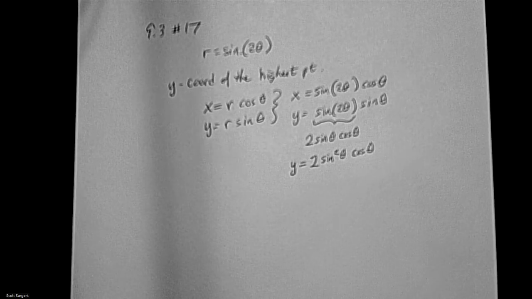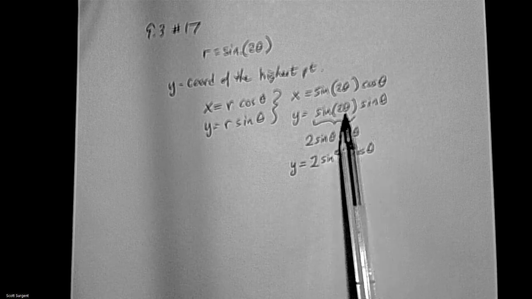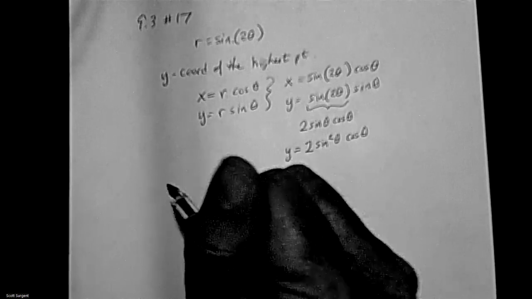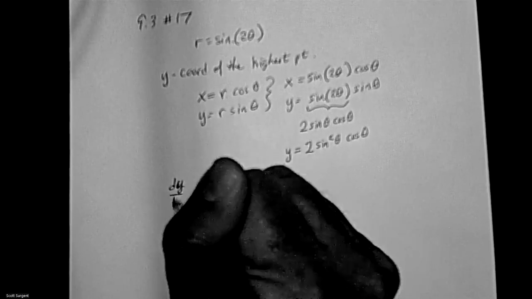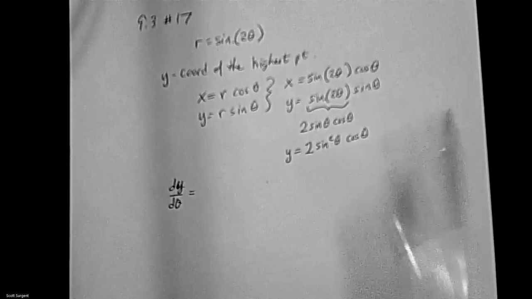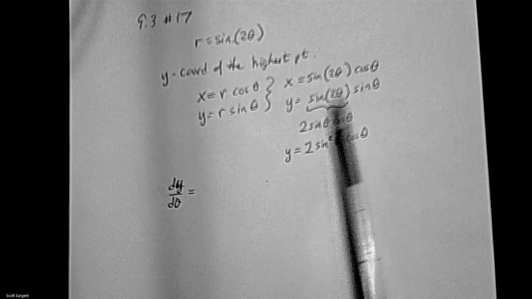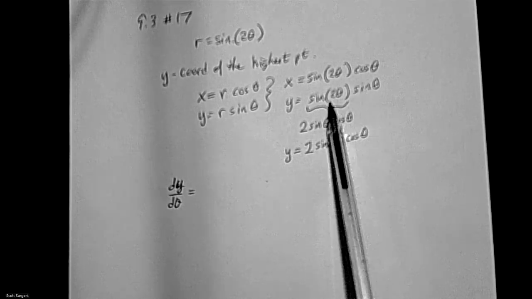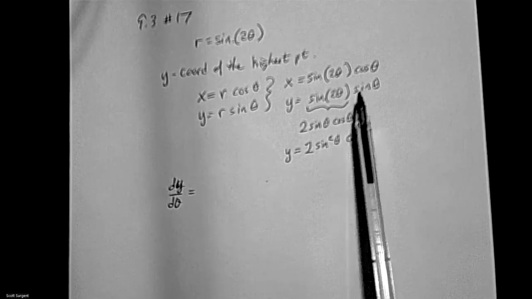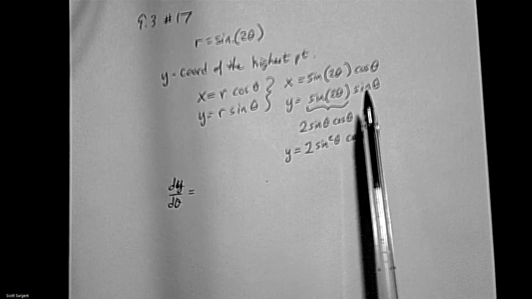I think your idea was sound. I think if you just jumped right into it, so if you did dy over d theta, yeah, because we don't need to worry about dx d theta, right? Because we're just looking for the highest point. Yeah, we're looking for the horizontal tangents. If we were worried about the farthest to the right, we would look at dx d theta because we'd be looking for vertical tangents.